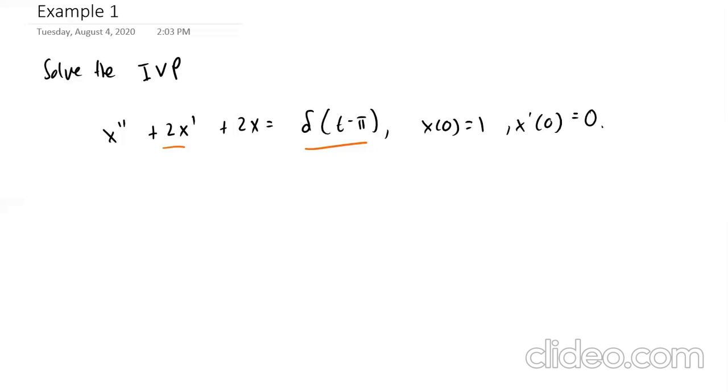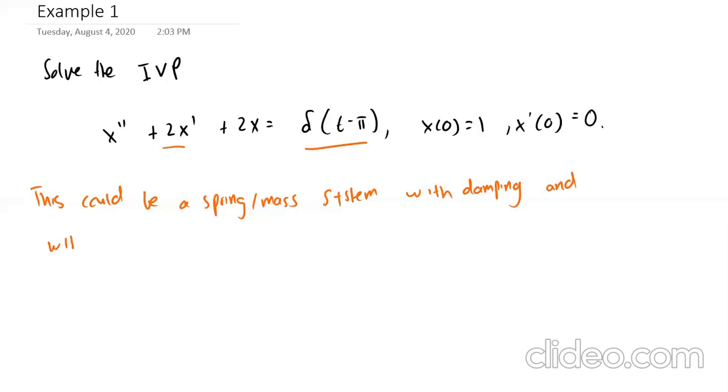So let me write that down. This could be a spring mass system with damping and with a driving force of magnitude 1 at t equals pi.